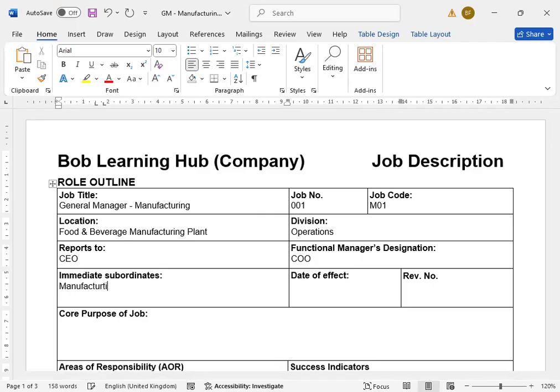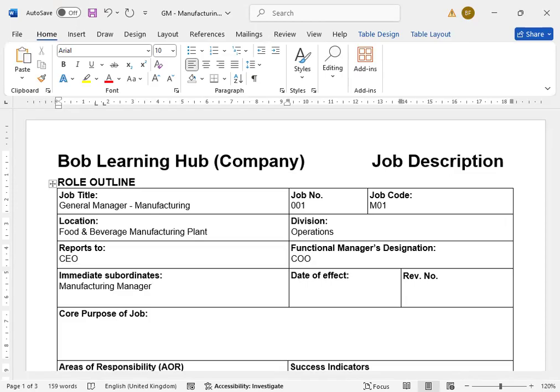Manufacturing manager. There could be one, or there could be two, or three manufacturing managers, depending on the size of the manufacturing plant, how many SKU, stock keeping units, are being produced in a manufacturing plant. There could be cheese production.